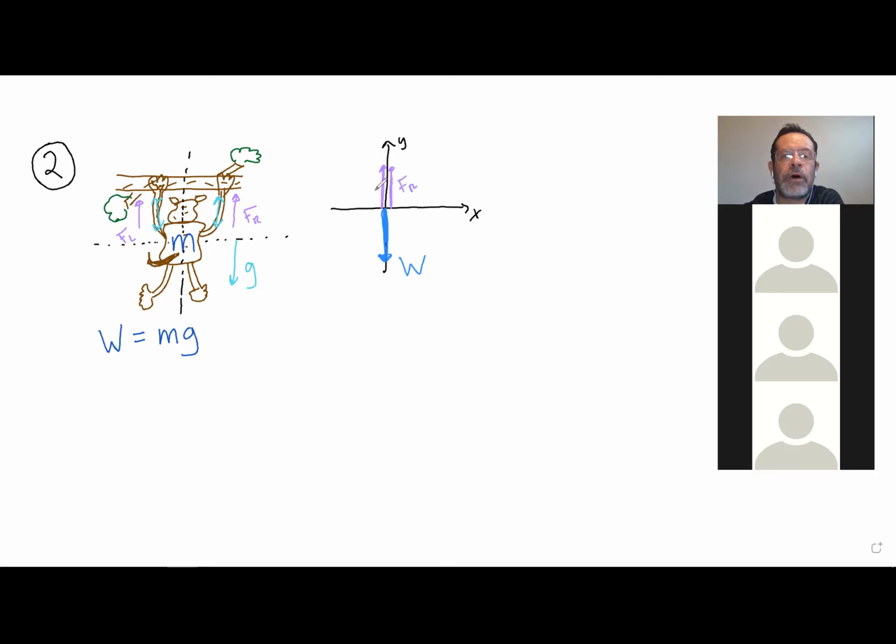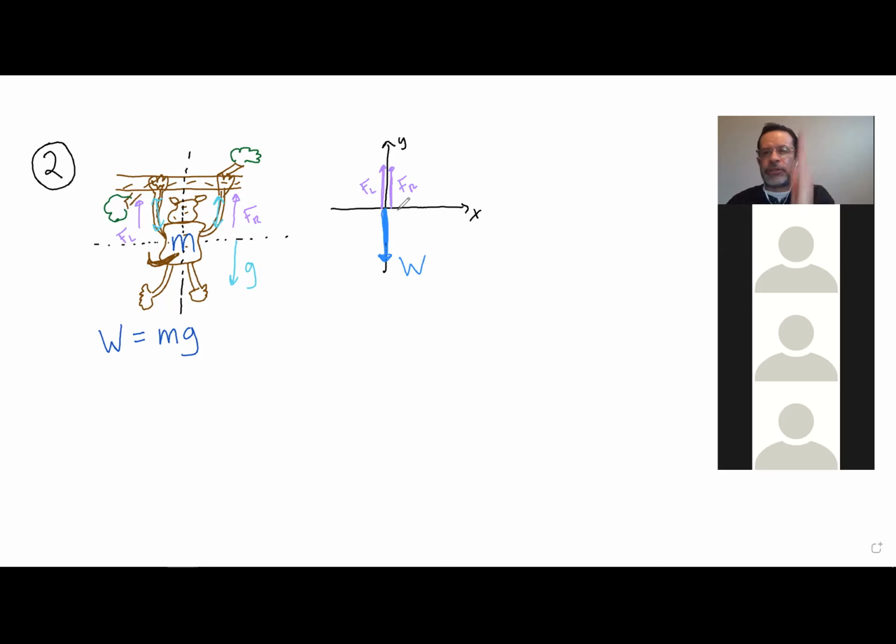This is going to be FR, and this is going to be FL. In the end, those forces are going to be related to each other, and in the end, we can see how to combine them, or how they're going to be distributed. But this would be the free body diagram for situation number 2. The monkey pulling itself up the branch. Okay.